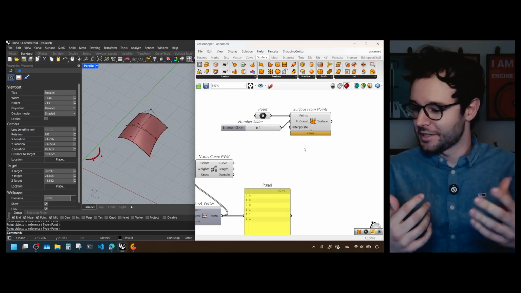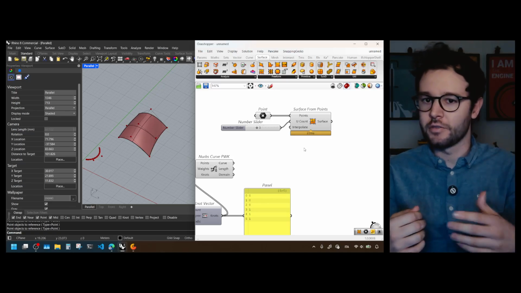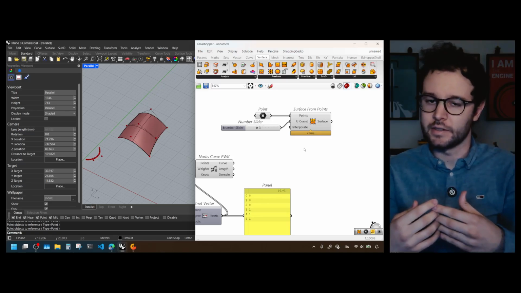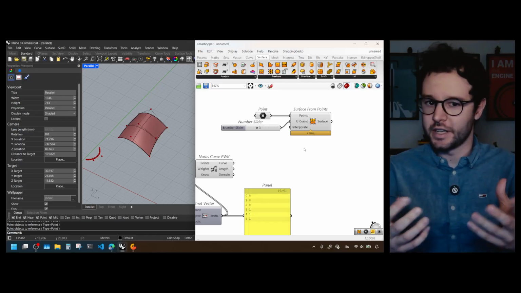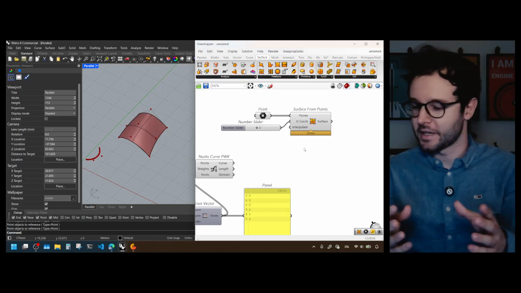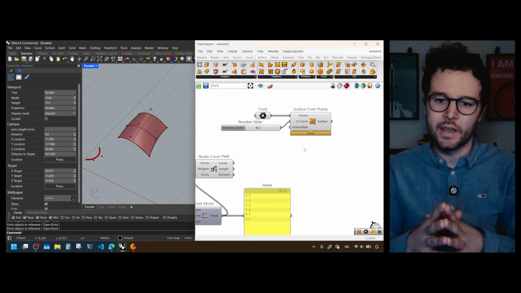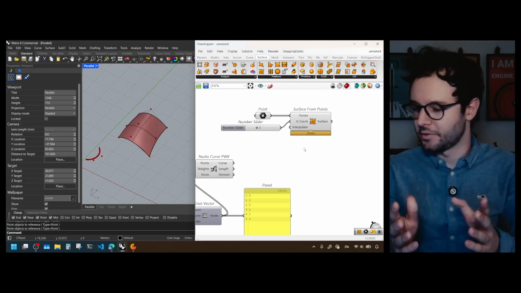So there are operations like extrusions, lofts, sweeps, and Boolean operations that you can use to define these surfaces in a more automated way, and use them for your design.